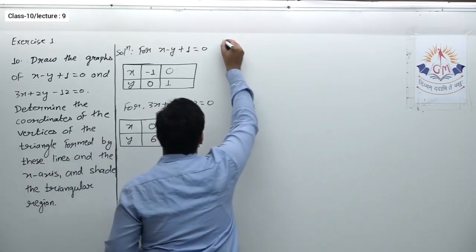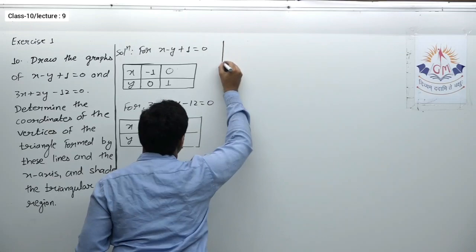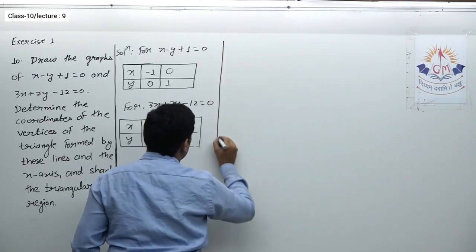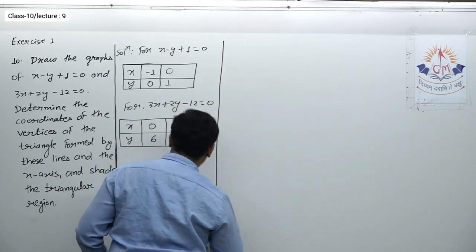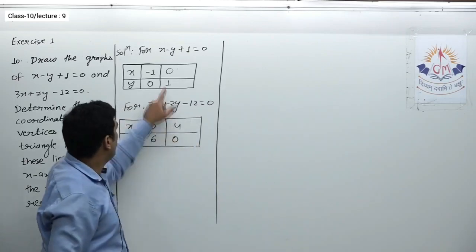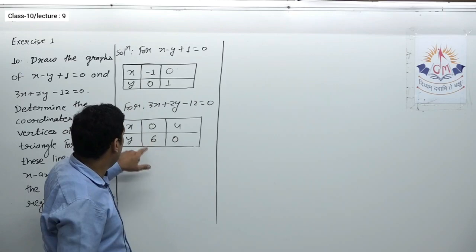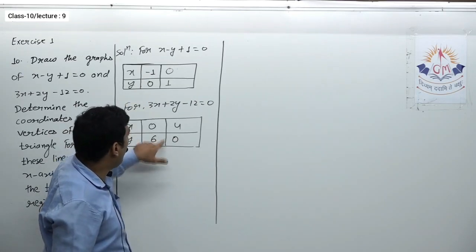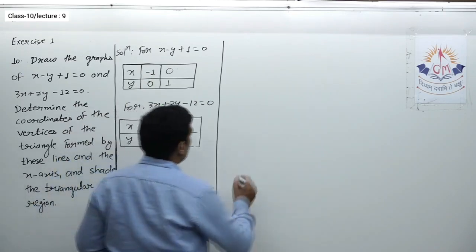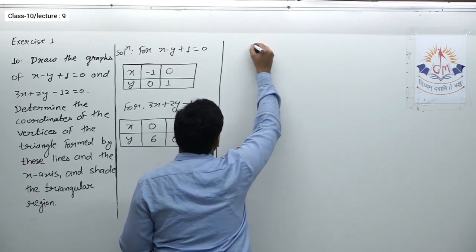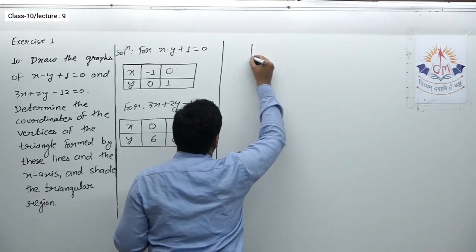Now we have to draw the graph. As we can see, on the x-axis we have to go in the positive direction up to 4 and in the negative direction up to minus 1, and on the y-axis I need only the positive direction. So according to that I will draw this x-axis and y-axis.